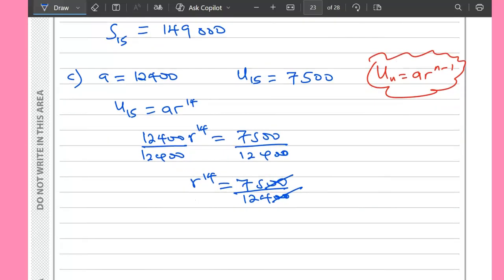For us to get the value of r, we'll have 75 over 124 raised to power 1 over 14, and this approximately gives you 0.9647.